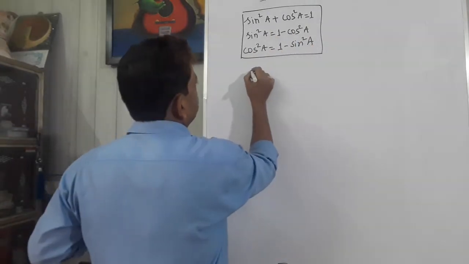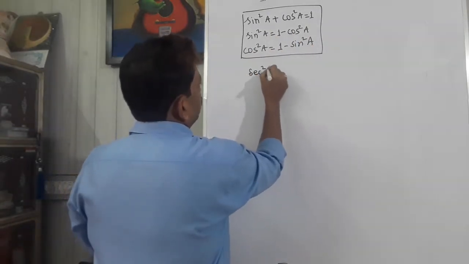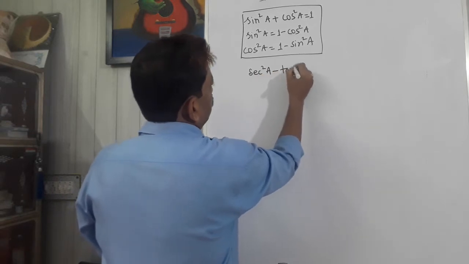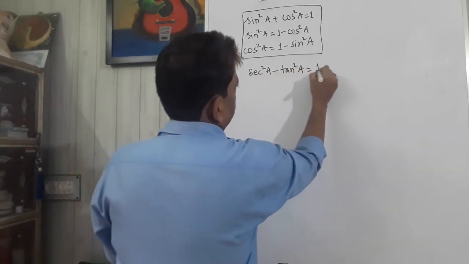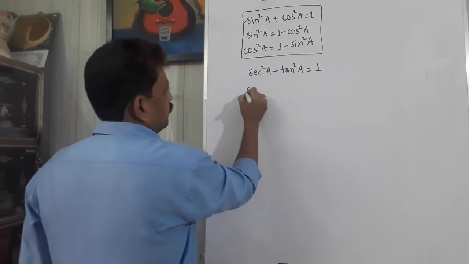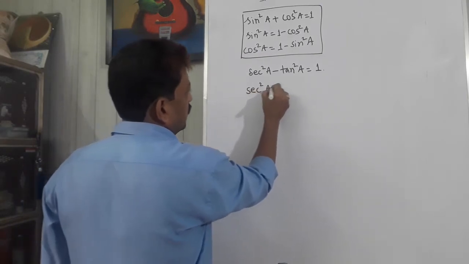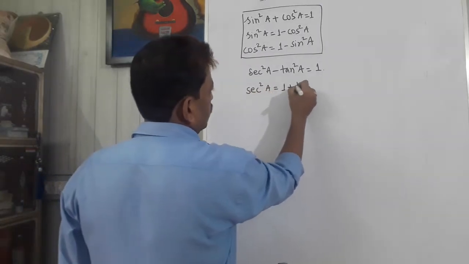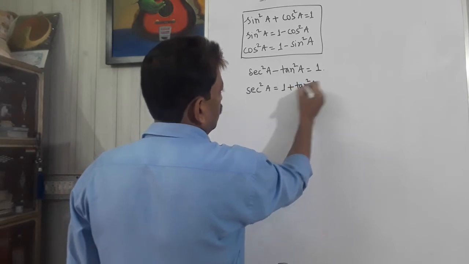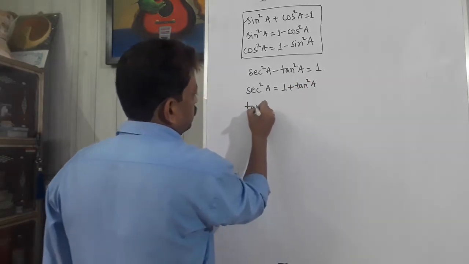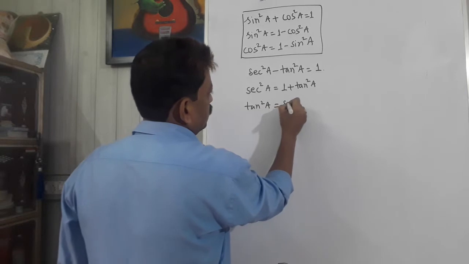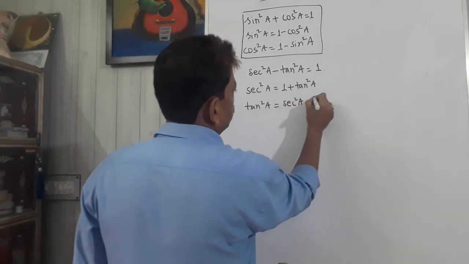The second one is sec square A minus tan square A equals 1. From there we can also modify it: sec square A equals 1 plus tan square A, or tan square A equals sec square A minus 1.